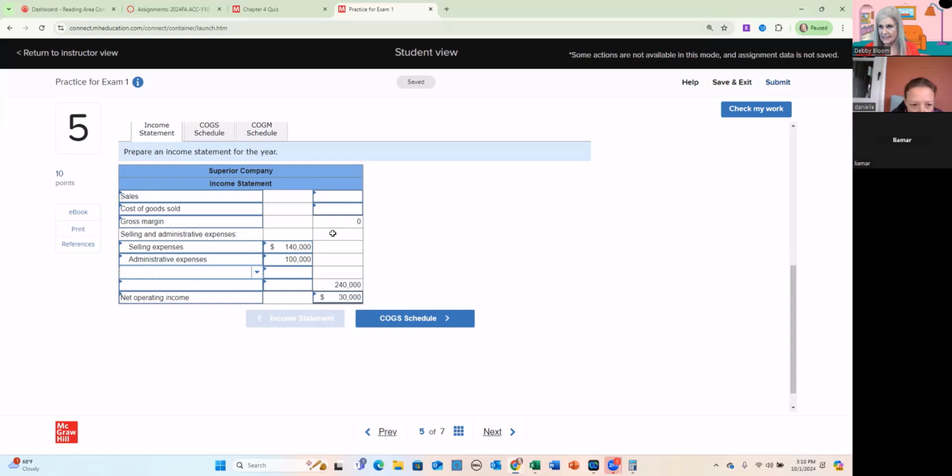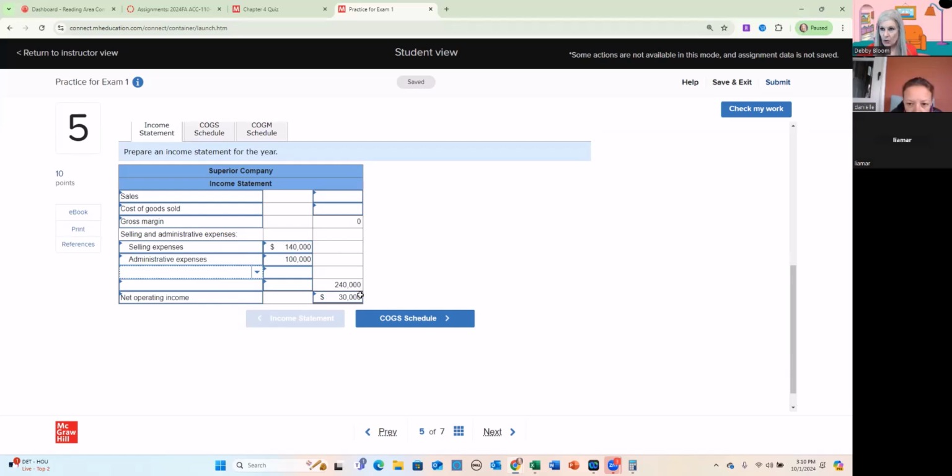So now I can calculate my gross margin, because the only thing that comes under selling and administrative expenses is selling and administrative. They just gave you the couple extra lines to confuse you in case you mistook something.